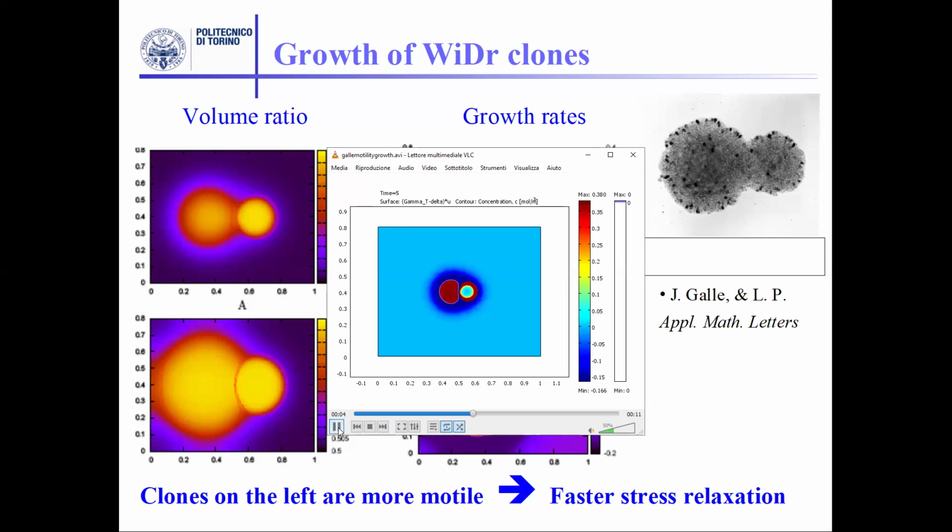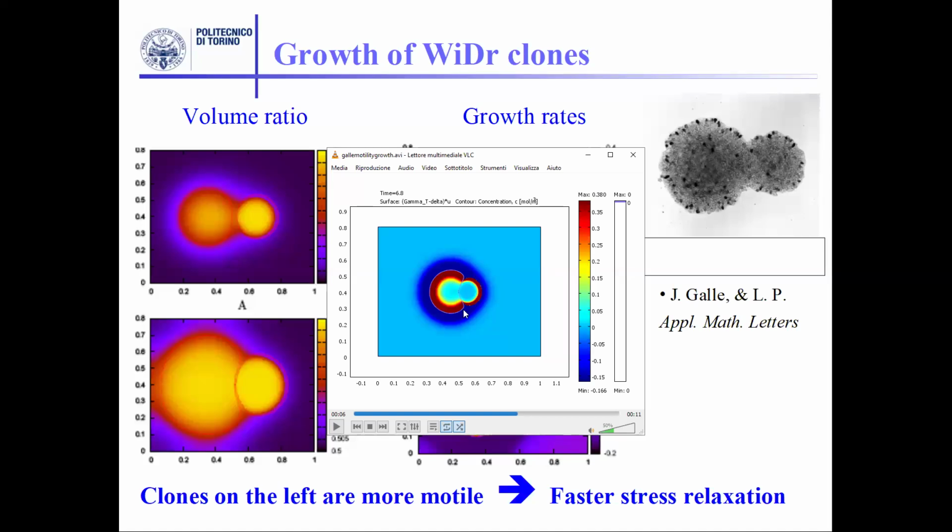Then if you go on, also the one on the right, when they come into contact, proliferates less. But still, if you look at the proliferating rim, the red stuff, the proliferating rim of the less motile clone has a smaller thickness than the one on the left.